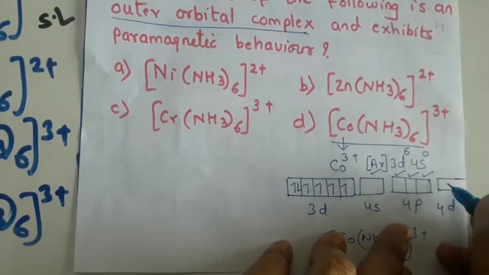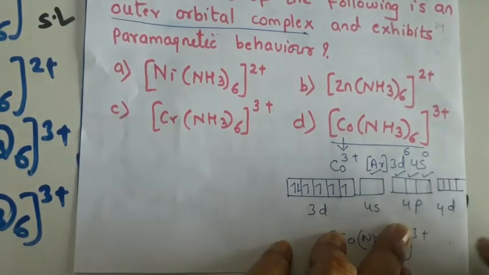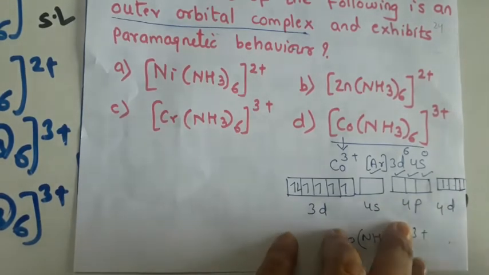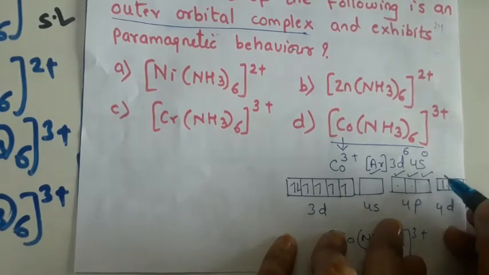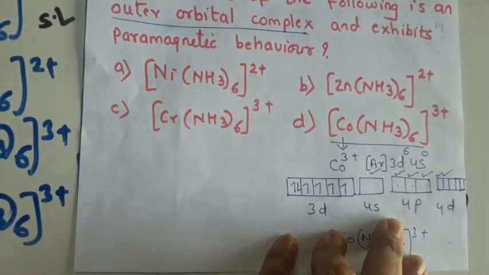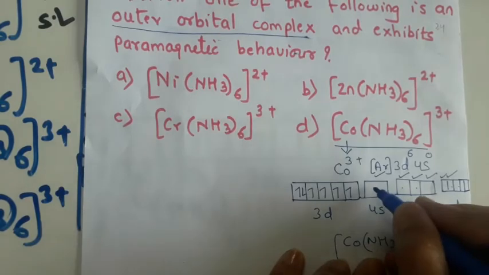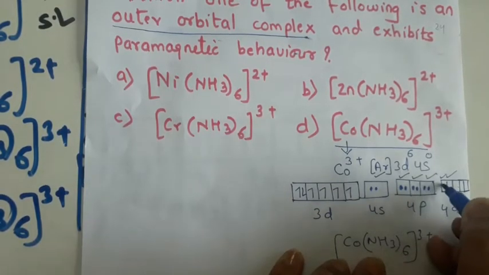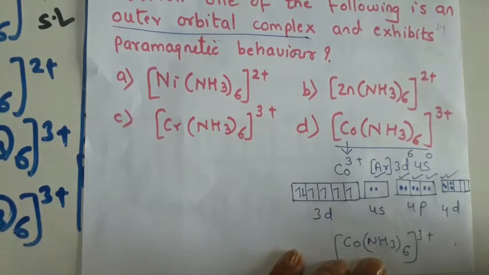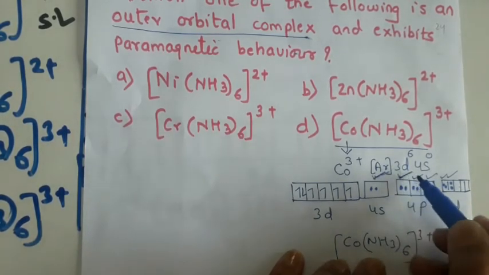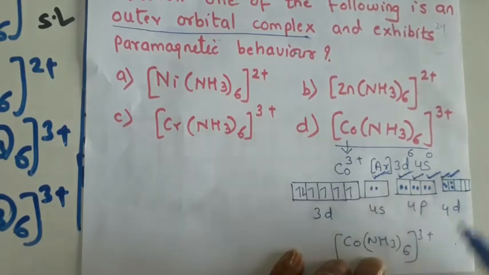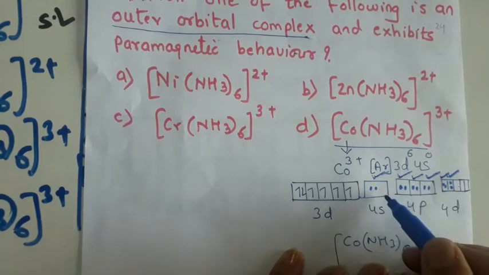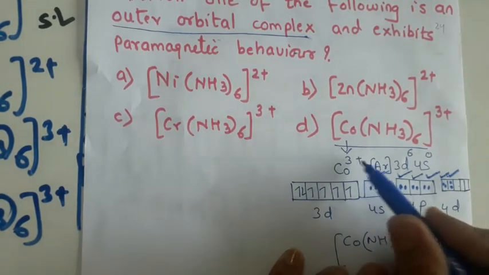So 1 2 3, I am not getting space here, 1 2 3 4 5, suppose 5 I have put. Okay, so 1 2 3 4 5 and 6. Now what will happen? Ammonia will donate its electrons here, 1 2 3 4 5 6 7 8 9 10 11 12. So it means 6 NH3 molecules have donated their lone pair of electrons into the empty orbitals of Co+3.